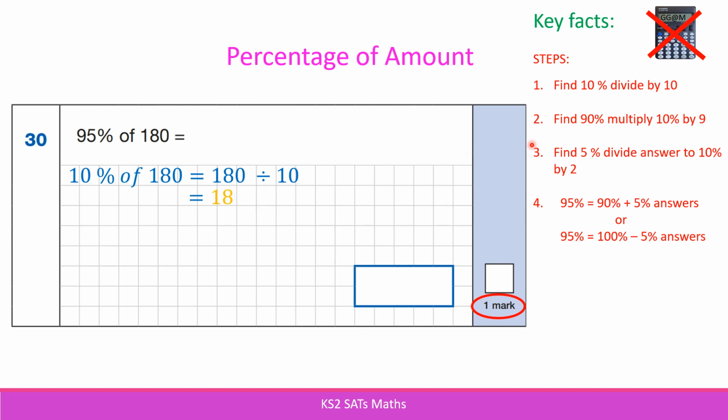Now we're going to work out step 2, which is finding 90%. So if 10% is 18, we're going to work out 90%, which is 18 times 9. Now you can set this out with the 18 and the 9 written underneath and the times sign, and then you can multiply them. Or you can think of doing 18 times 10, which we know is 180, take away 18, that will give me what 90% is.